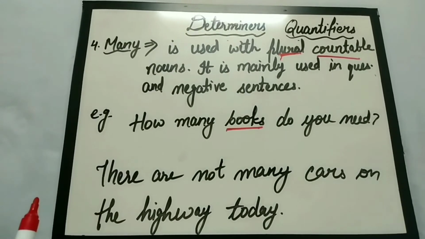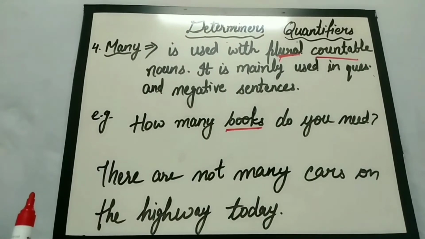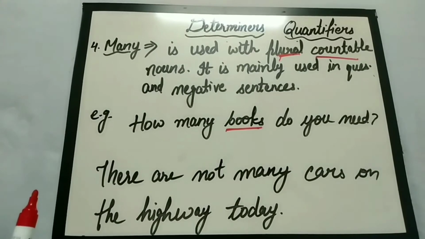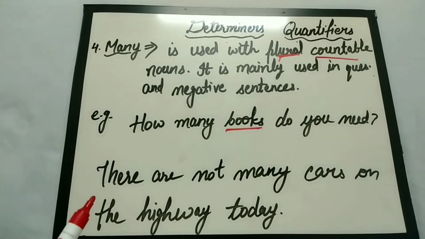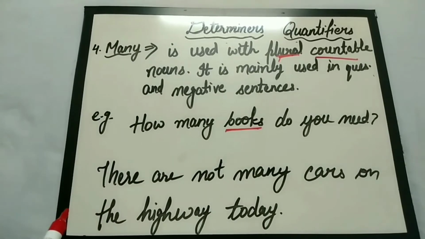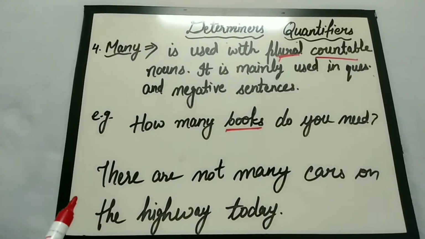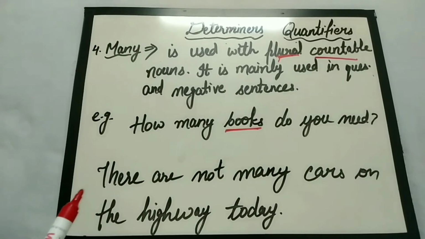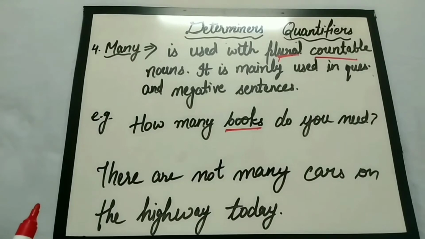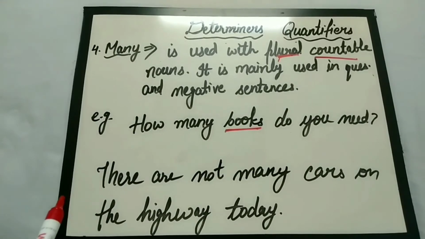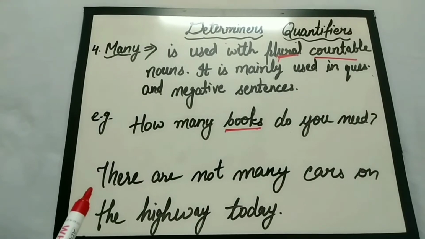And in the second example, there are not many cars on the highway today. So many means a large quantity of something. If we say there are not many, then we mean there are not a lot of cars on the highway. Cars are also countable nouns.